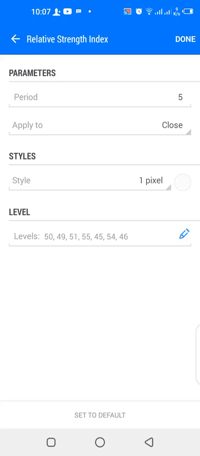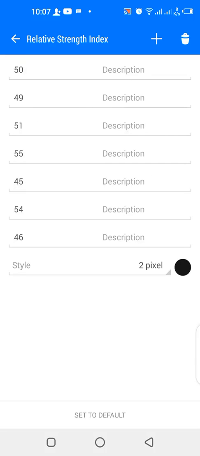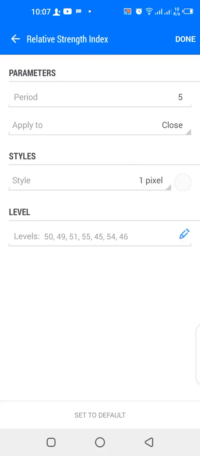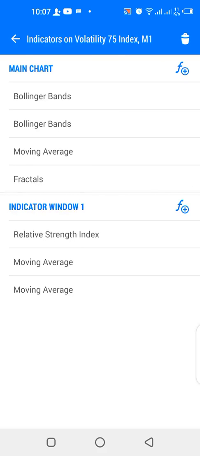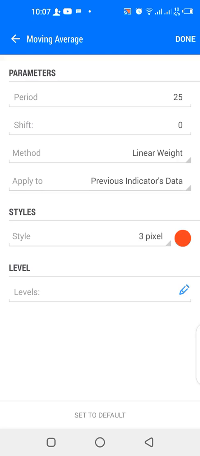All right, let's look at the levels. We have 50, 49, 51, 55, 45, 54, 46. All these levels, the color will be black. Then let's go to moving average.